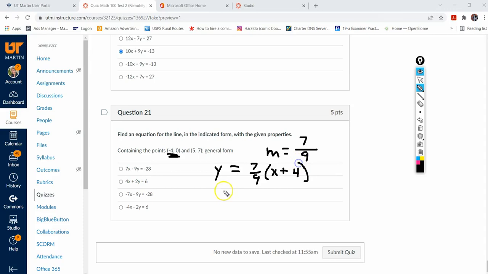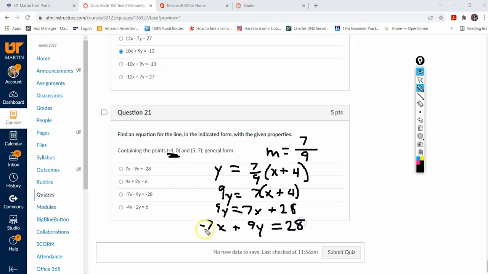So multiply everything by 9. Okay, so multiplying that by 9 knocks it out. Then I have 9y is equal to 7x plus 28. And if I subtract 7x from both sides, I get that.